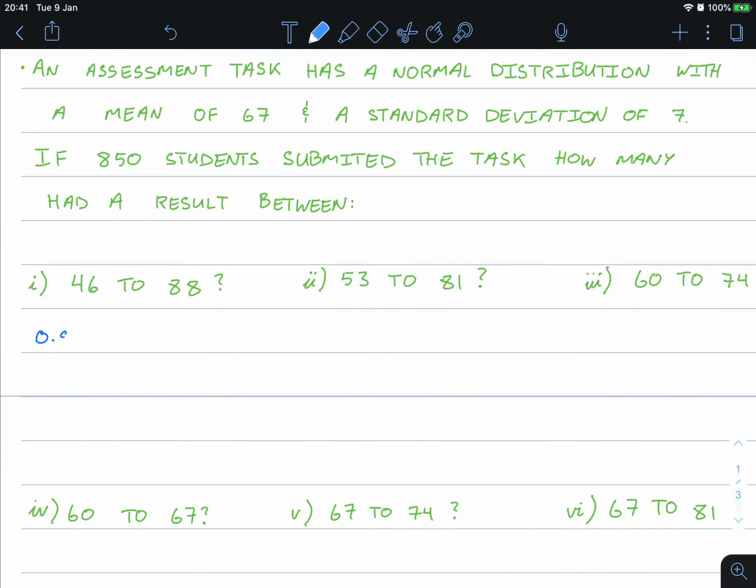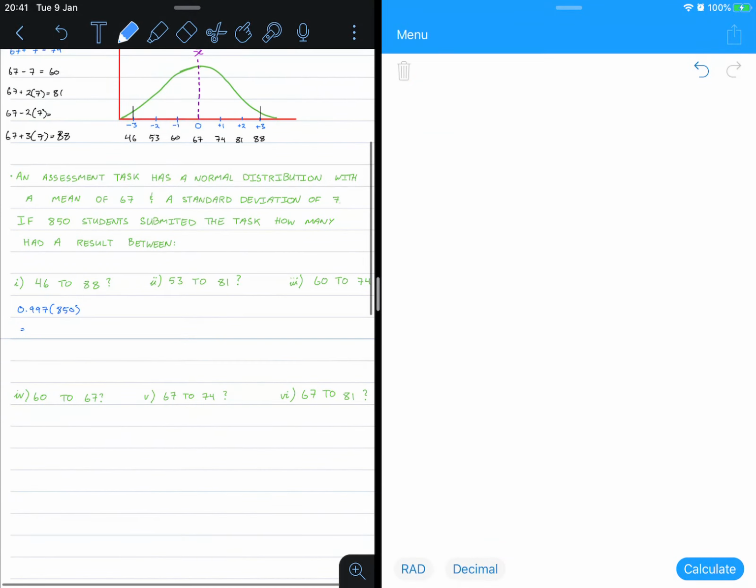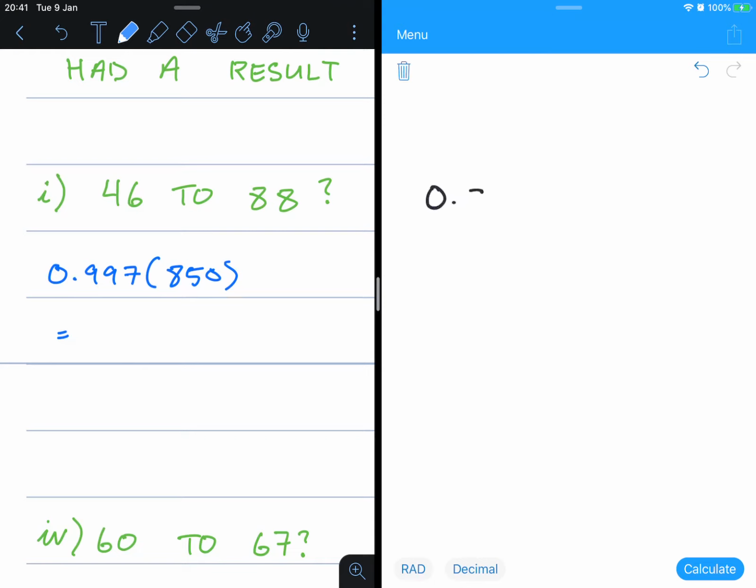So 0.997 times the total number of students. Use a calculator for this. 0.997 times 850. That's going to be 847, because we're going to round down from the 0.45.